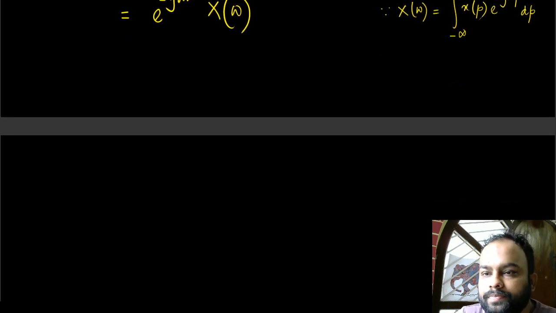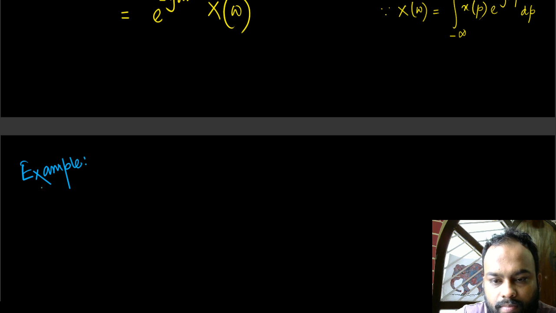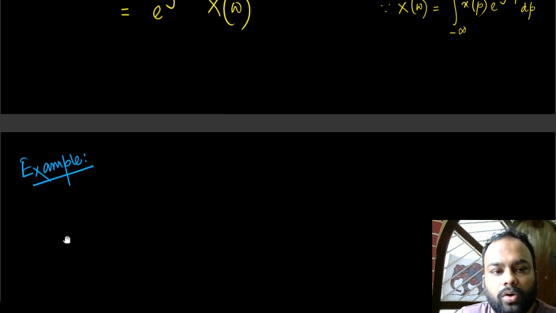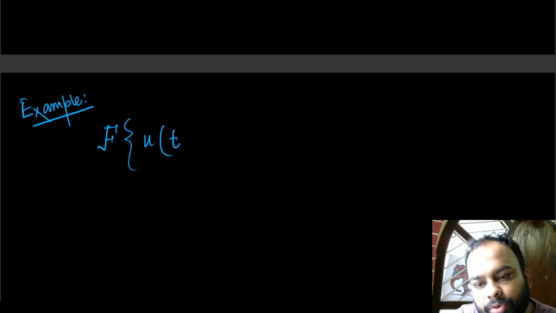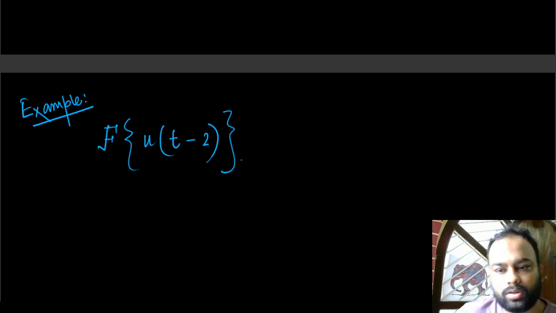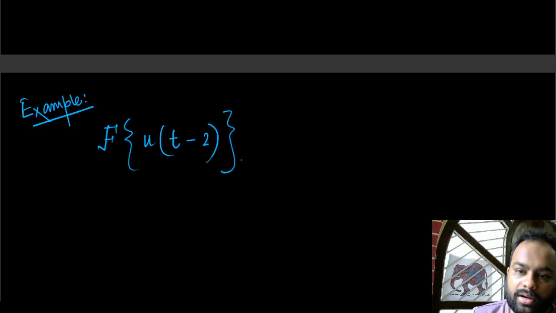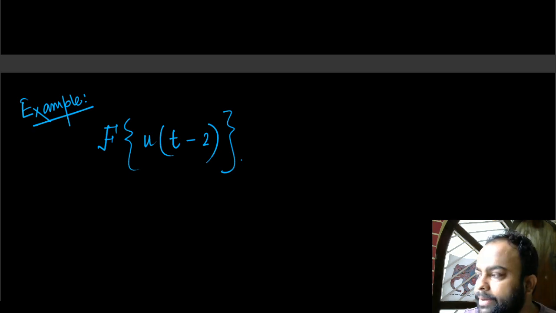The question is: calculate the Fourier transform of a delayed version of the unit step. Can anybody attempt that problem?